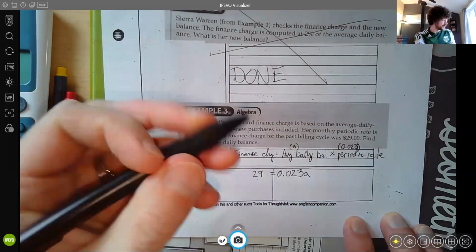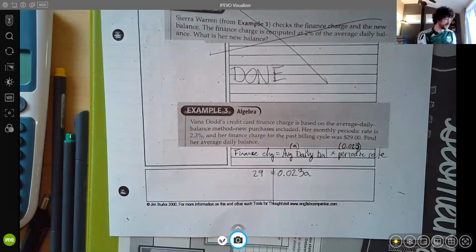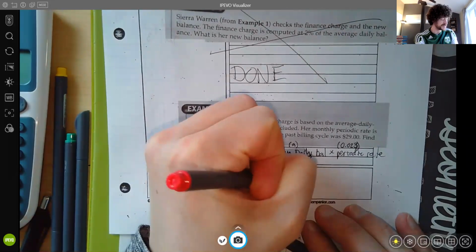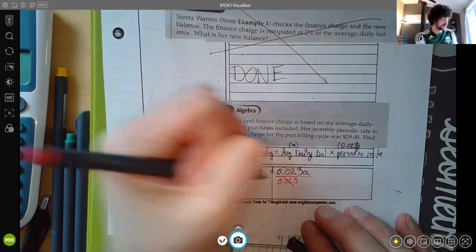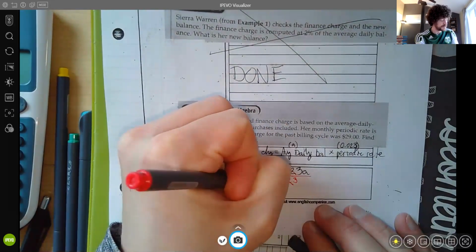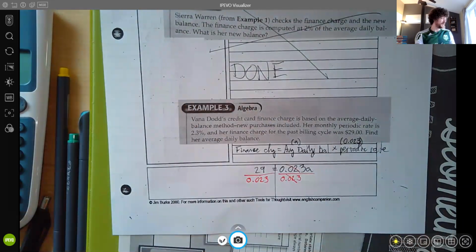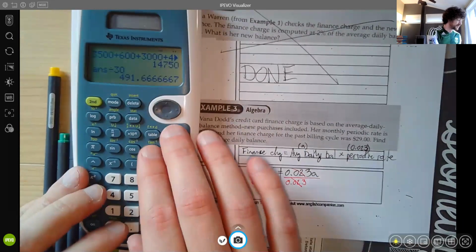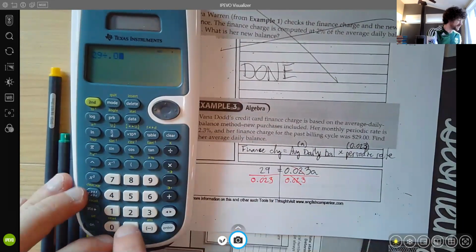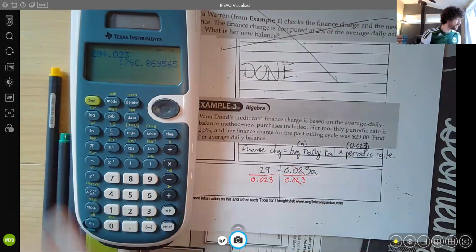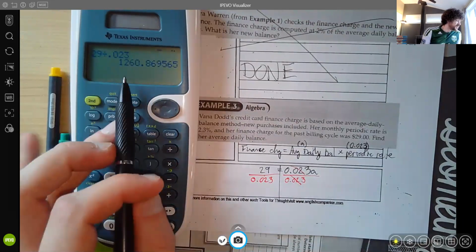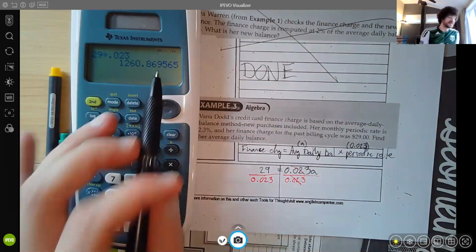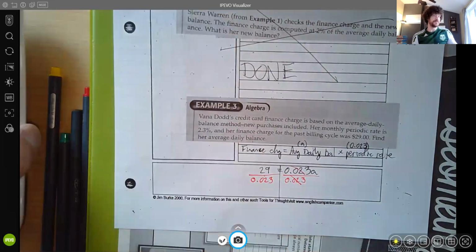So solving is straightforward, just a one-step equation. Divide by 0.023 on both sides, and that'll give us the average daily balance. So here we go, 29 divided by 0.023, $1,260.87. So $1,260.87.